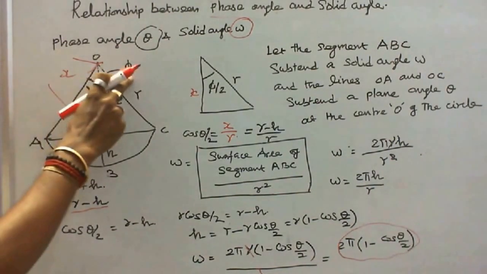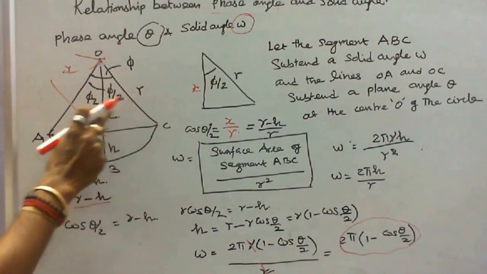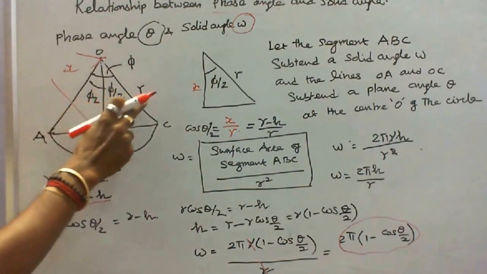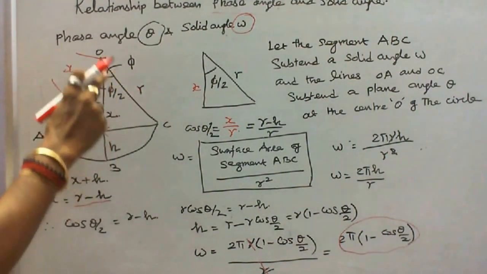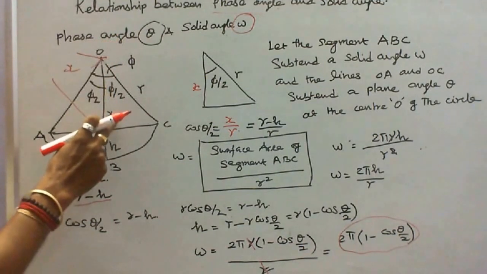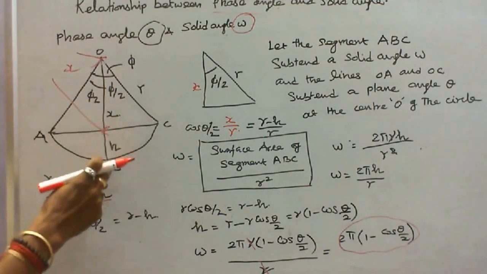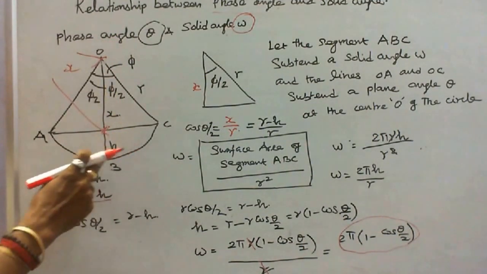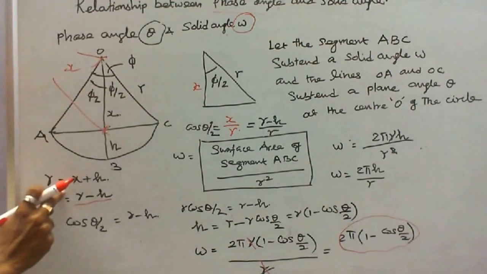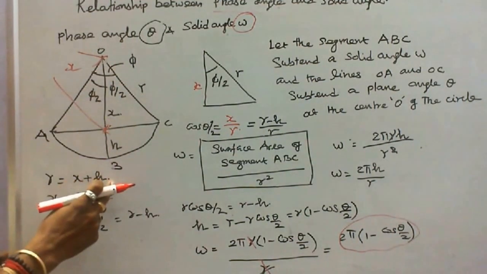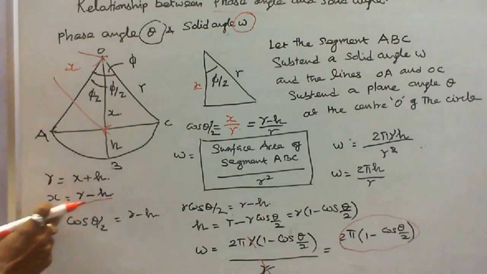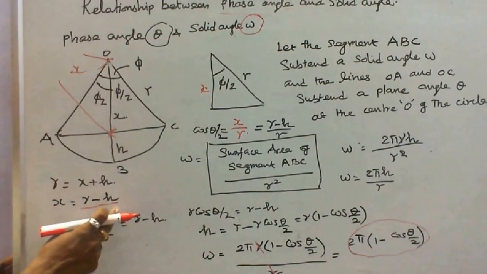Here this is theta, this is theta by 2, this is theta by 2, this is radius r. The distance between O to this point is x, this point to this point is h. Therefore, radius r is equal to x plus h and x is equal to r minus h.